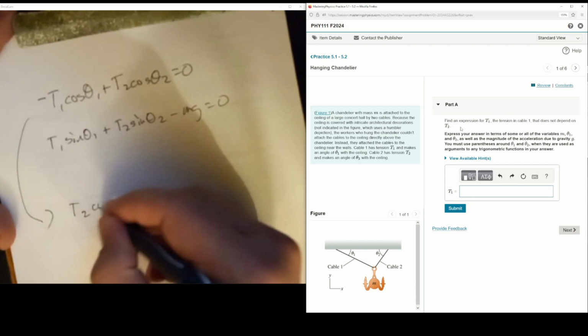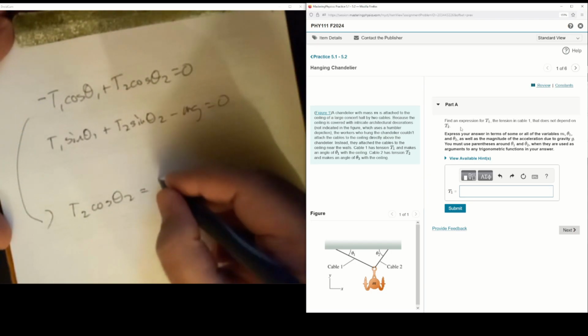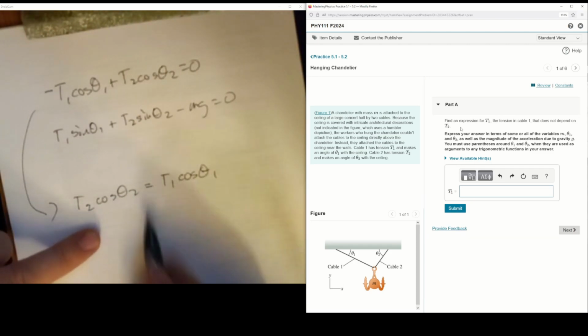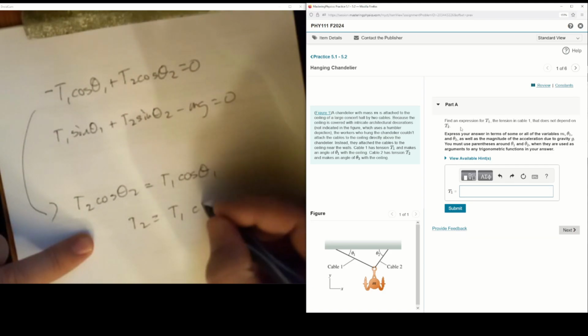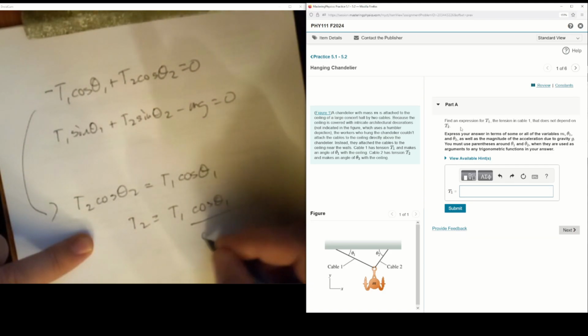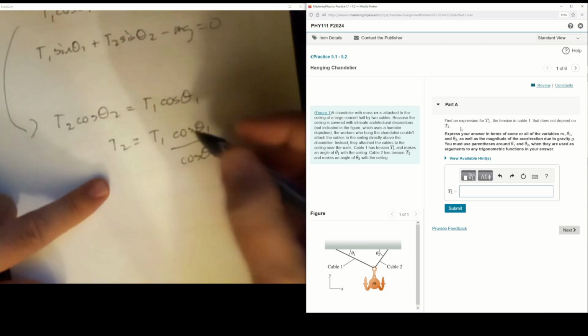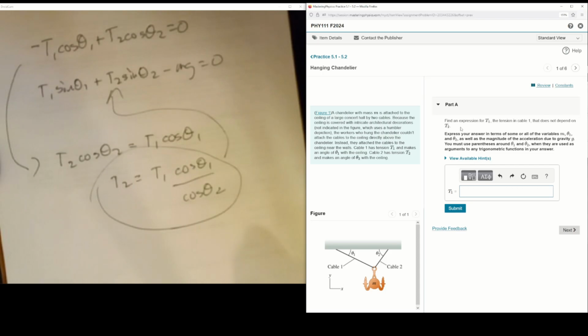So with the top equation, I'm going to move this chunk to the right, make it positive. And then I'm going to divide by cosine so that I have a solution for T2. And now that I have my solution for T2, I'm going to take it and plug it into that.